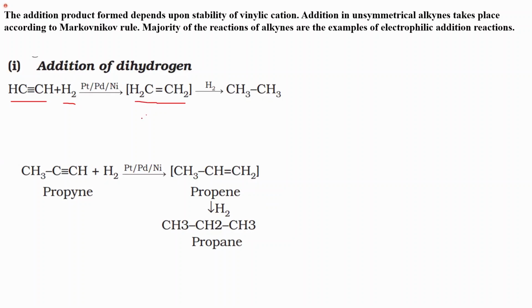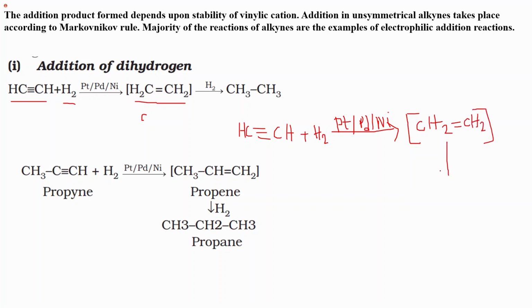Suppose we start from the acetylene moiety, CH triple bond CH, with hydrogen and platinum, palladium, nickel. Now you get CH2 double bond CH2. Under hydrogen pressure, it will form CH3 CH3.